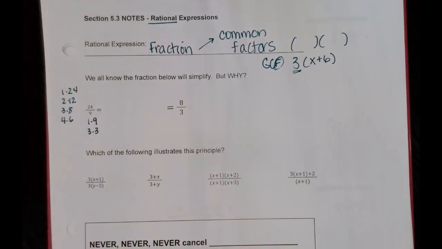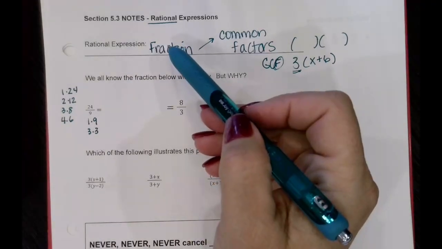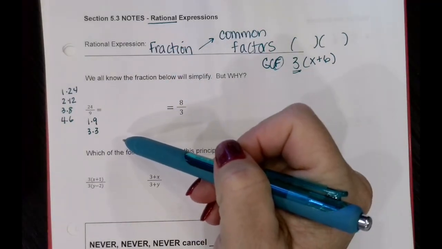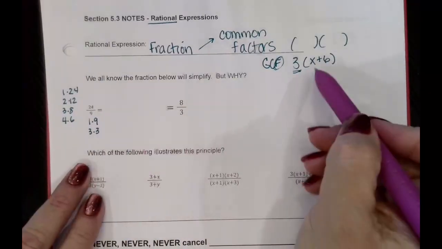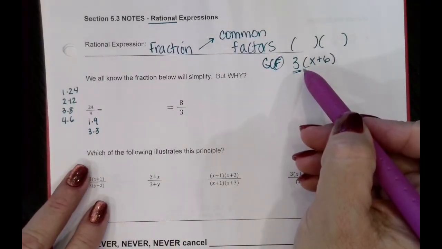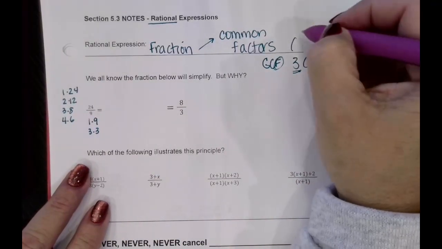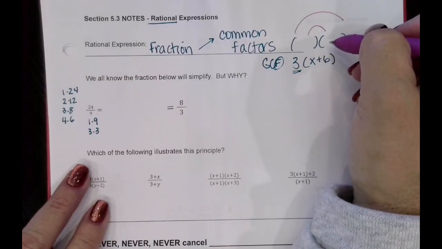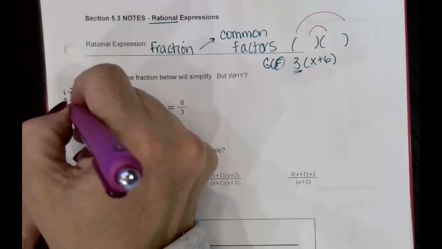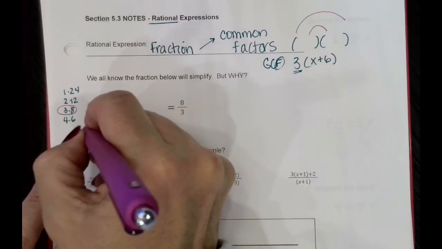So when we're dealing with rational expressions, we want to look and see where do we have like factors. So in this case, what we did when we factored back in Unit 4 is we had to look at our inside and our outside, our O and our I of FOIL, to see if we would get that middle term. But what we're looking for here is where do I have a common factor?